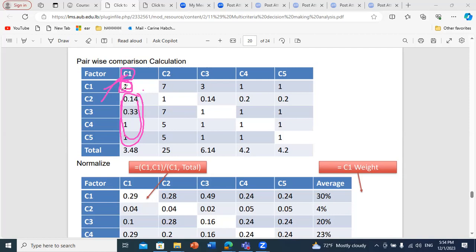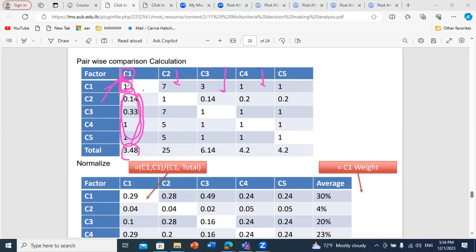So when I divide this number by the total, I can get an idea about the importance of factor C1. And I can do the same with the calculation in this column, and this column, and this column.